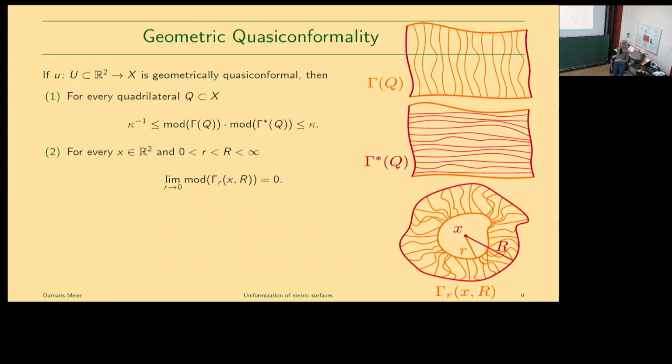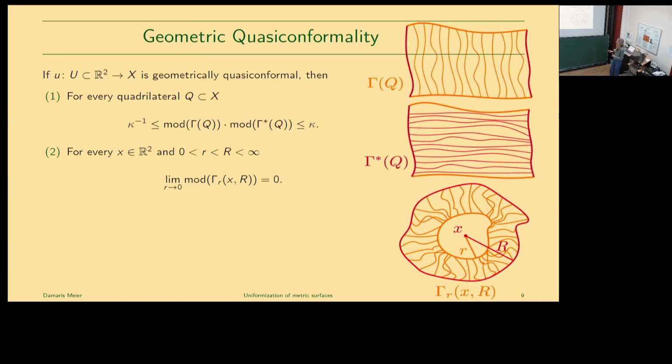Now, if we are given a geometrically quasi-conformal map, then by using the Riemann mapping theorem, we can show that these two conditions hold. One of them is that we find a constant such that the product of the modulus of the curve family connecting horizontal sides of a quadrilateral times the modulus of the curve family connecting vertical sides is bounded from above and below by some constant. By quadrilateral, I just mean a Jordan domain with four identified points as the corner points.